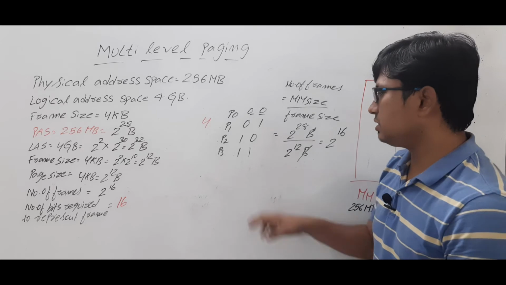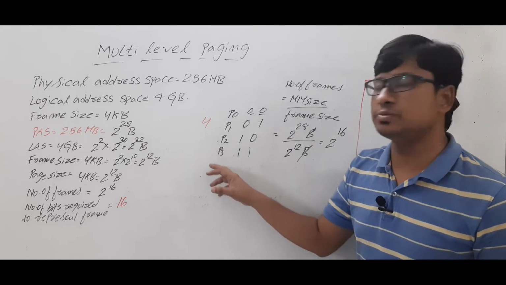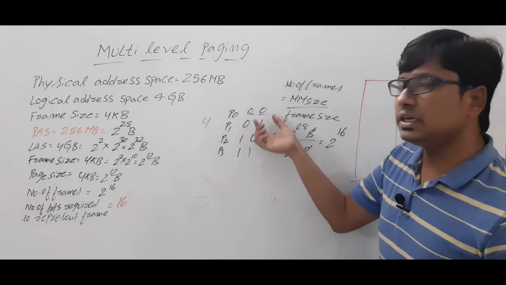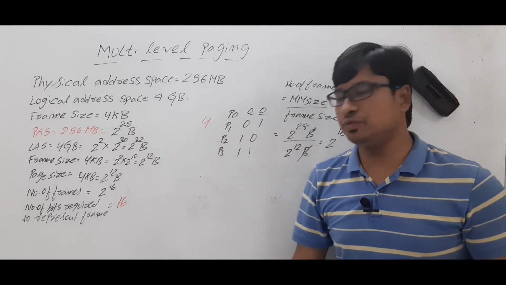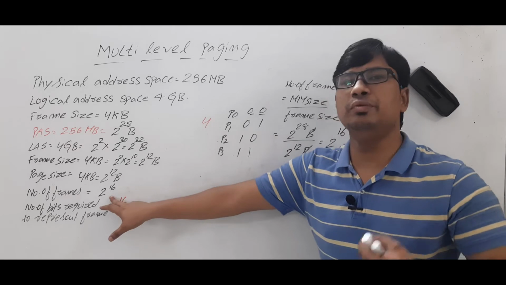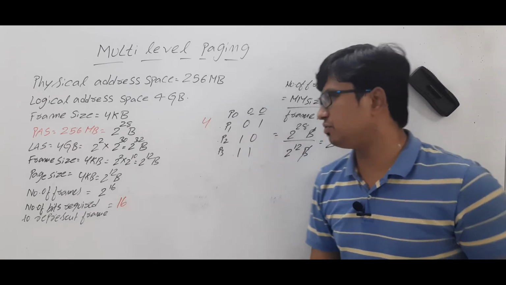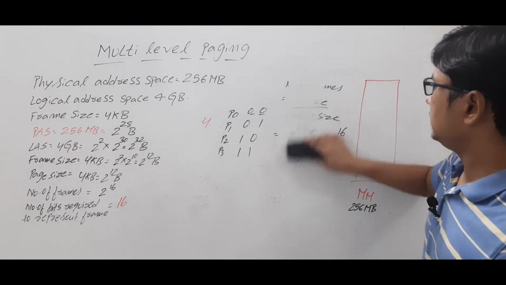Is it clear? So this is the binary representation of the decimal number 3. If you have 4 combinations, you need 2 bits to represent them. Similarly, you have 2 power 16 frames, so you need 16 bits to represent one frame.